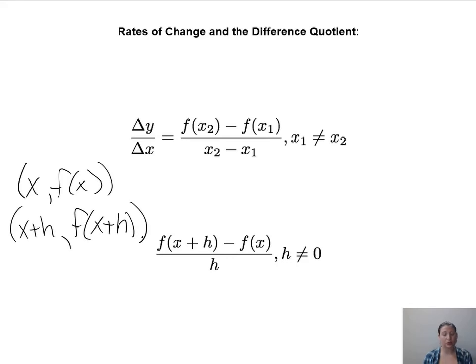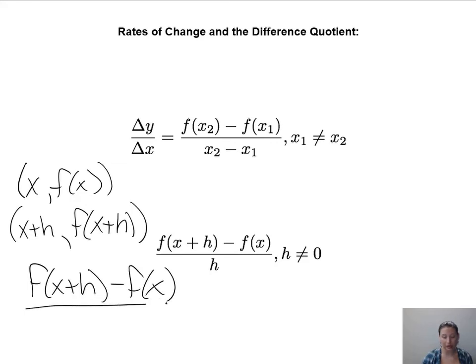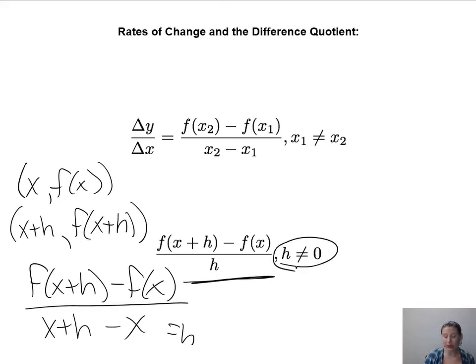Because if we put those 2 points in the rate of change or slope formula, we will get the difference quotient. Let's look at that. f of x plus h minus f of x is the difference in the y's. Then we have x plus h minus x. Well, x plus h minus x is h. That's exactly what we have here in our difference quotient formula, such that h does not equal 0.